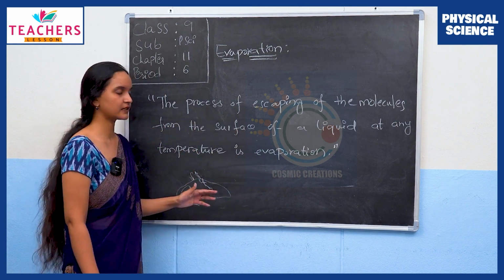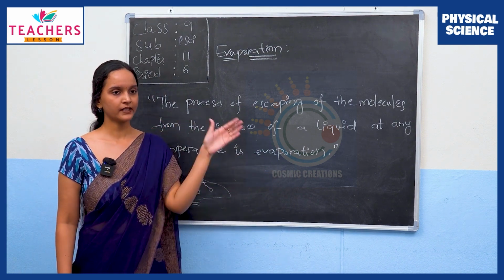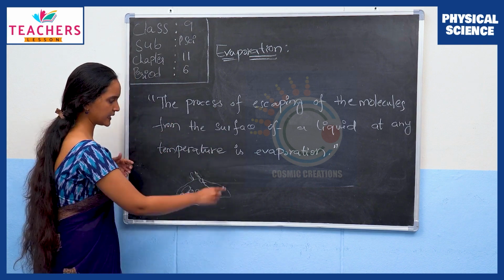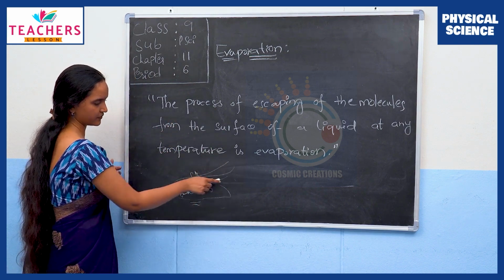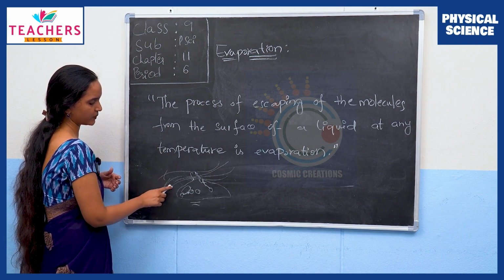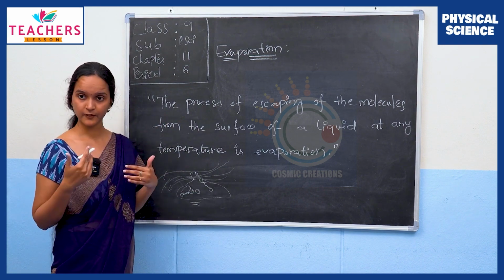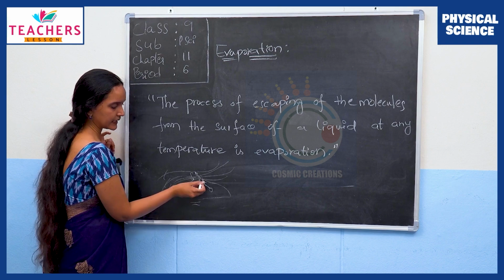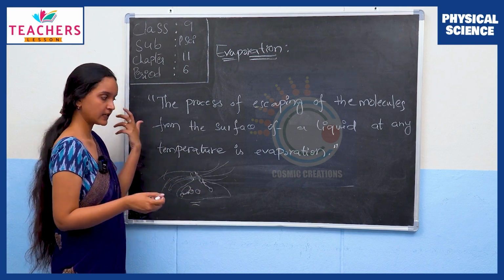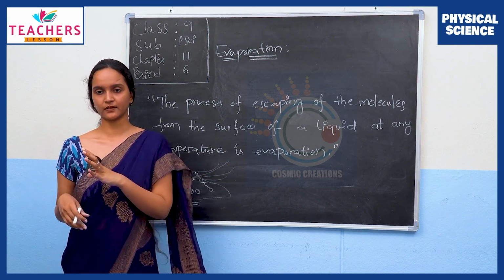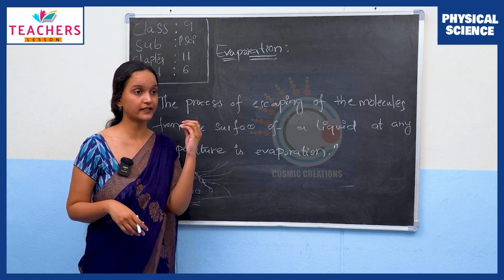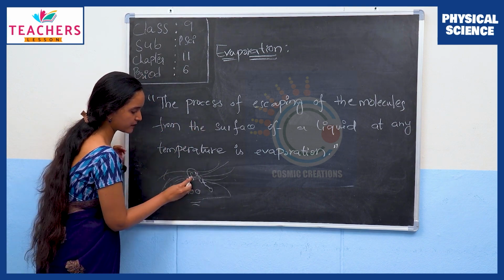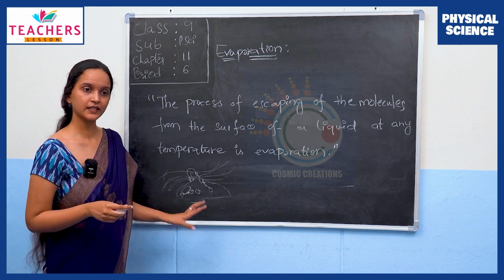If this is put under a ceiling fan, the wind will be constantly sweeping away over the surface, right? The wind would be constantly blowing over the surface. Now, the molecules that are escaping from the surface are swept away by this wind immediately, preventing these molecules from returning back to the surface of the liquid.